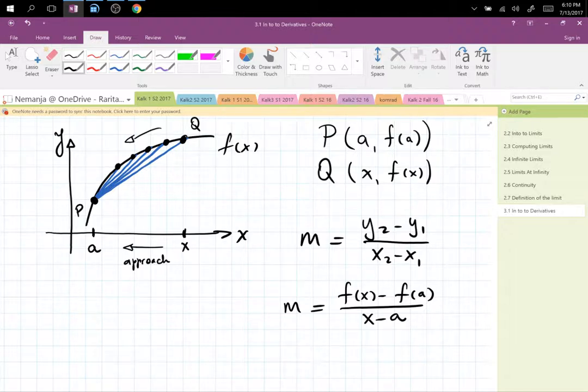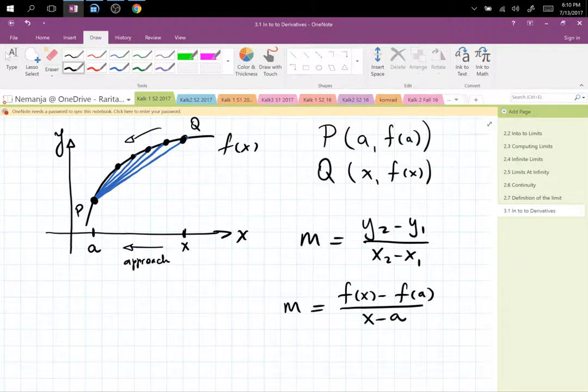So every single blue line, infinitely many blue lines, which are secant lines, you can compute the slopes of those lines by using basic algebra, because P and Q have different x values. But as soon as P and Q collide into the same point, x values become the same, and then the denominator is 0, and you can't compute.